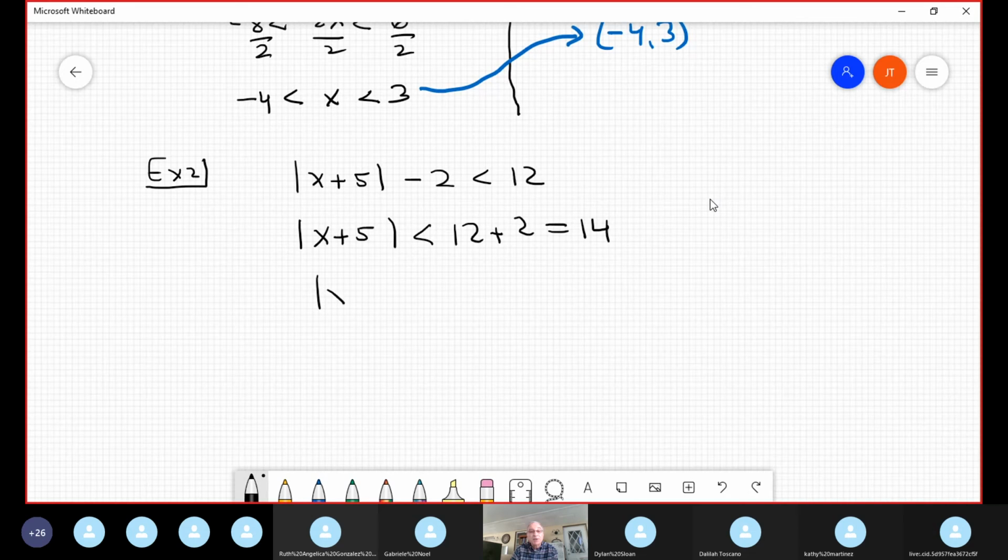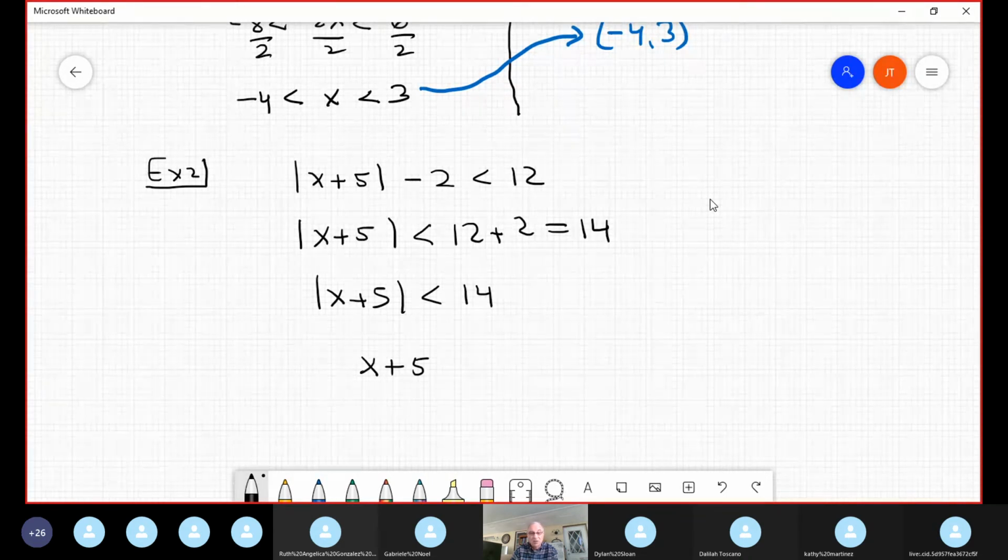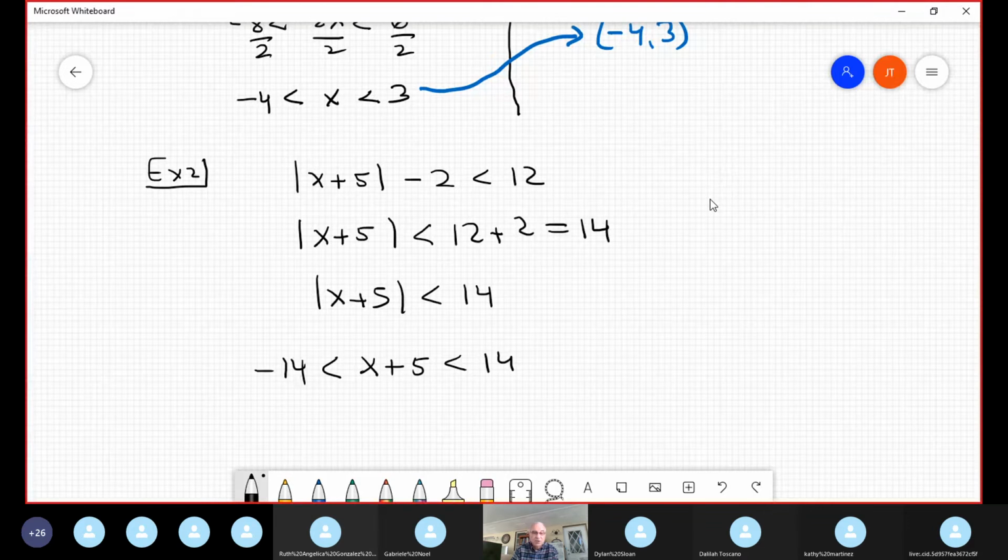So my inequality so far is like that. Now this is a crucial moment in which I copy x plus 5 only one time because I know that the solution is one interval, not two intervals. How do you know? Because it's the less than case, 14 and negative 14. And we focus on the compound inequality.